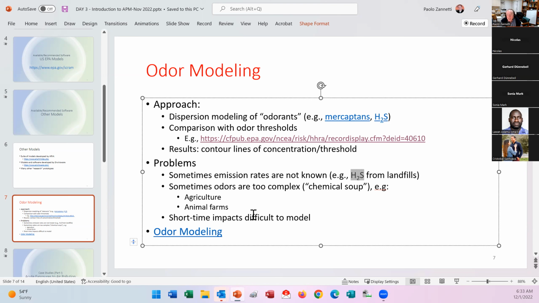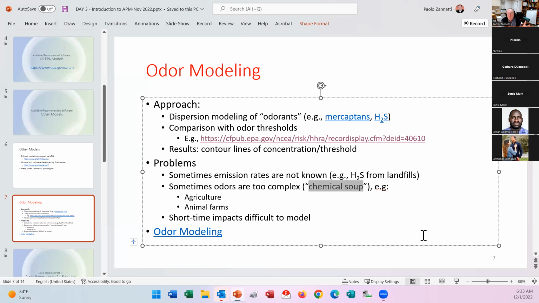The second challenge, which is even more important than the first, is that some odors are too complex. We are not talking about mercaptans or H2S. We are not talking about single chemicals. We are talking about a chemical soup. For example, the odor complaints from agricultural activity, from animal farms, it's impossible to really know which chemical is impacting people.